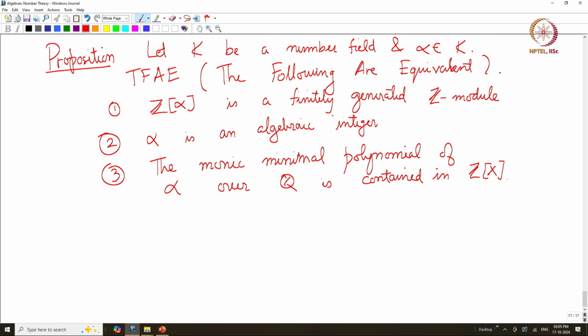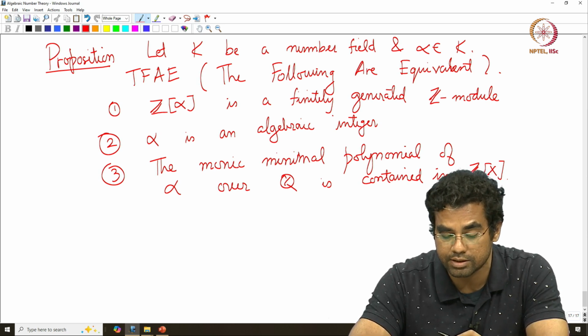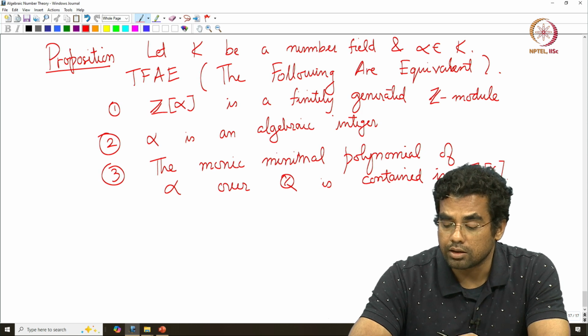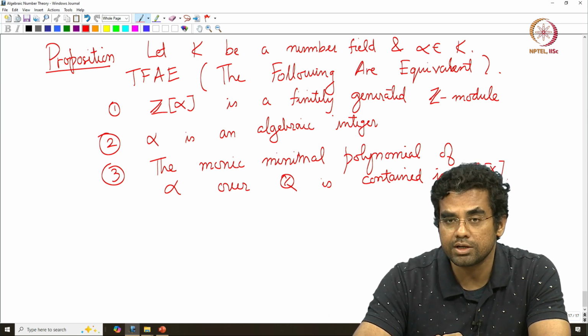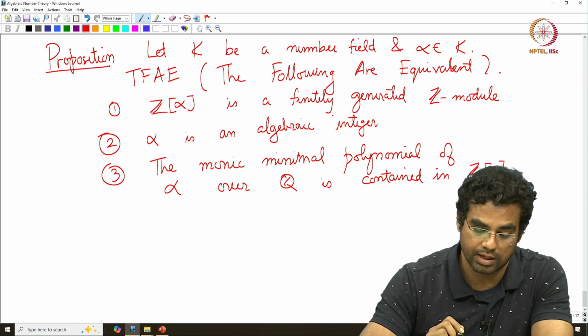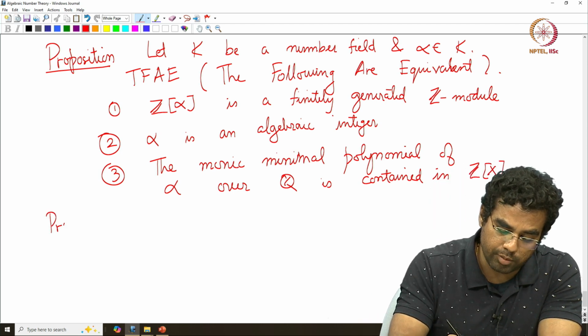Again from field theory you should know that a minimal polynomial of an algebraic element always exists, and if you take the monic one, then the third statement says that this is actually contained in Z[x].